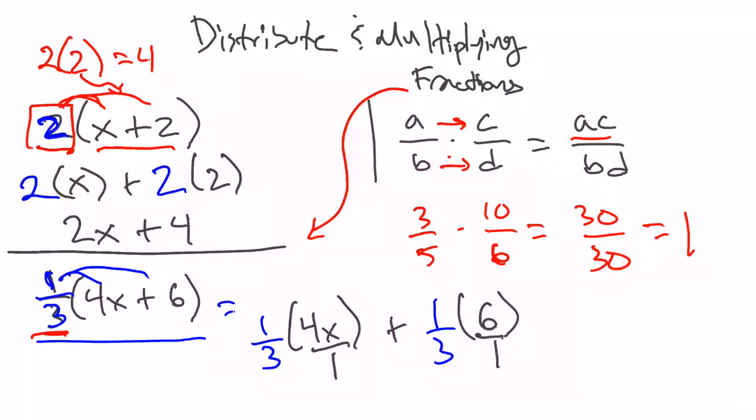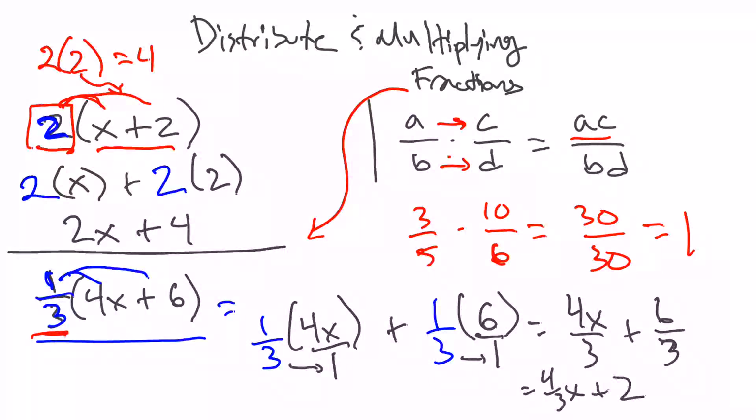And so we are just multiplying across. And so you get 4x over 3 plus 6 over 3, because 3 times 1 is 3, 3 times 1 is 3 down there. And then I can simplify this to 4x over 3 plus 2.